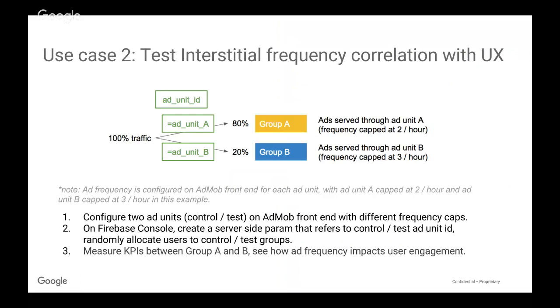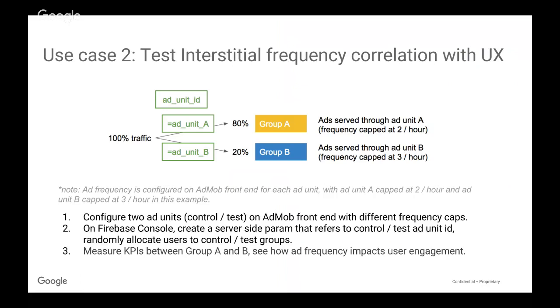So ad unit A, in this example, I'm saying 2 ads per hour, and for ad unit B, 3 ads per hour. Once you make this change, you push it live, and then you can start measuring KPIs between group A and group B.